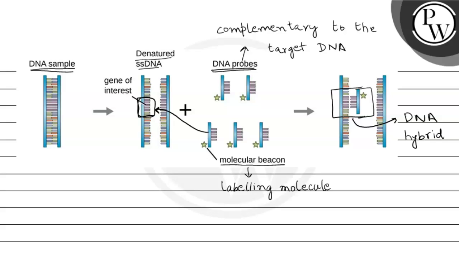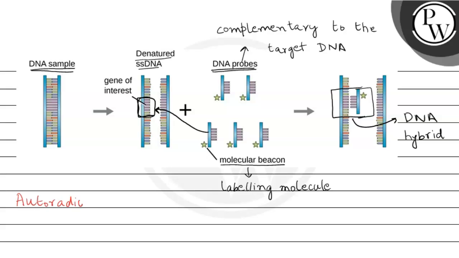Due to the hybridization or due to the presence of complementary sequence in the probe molecule, which then identifies the gene sequence and then binds or hybridizes with the target DNA. So this is the basic steps of nucleic acid hybridization, and with this we can identify the presence of a particular gene. Now, this probe or the DNA hybrid which is formed can be identified with the process of autoradiography.